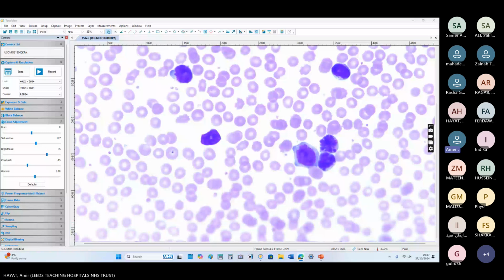And yes, some of these cells have prominent nucleoli. Like in this field, this is the only prominent nucleoli. The rest of the nuclear material is very blue and mature.